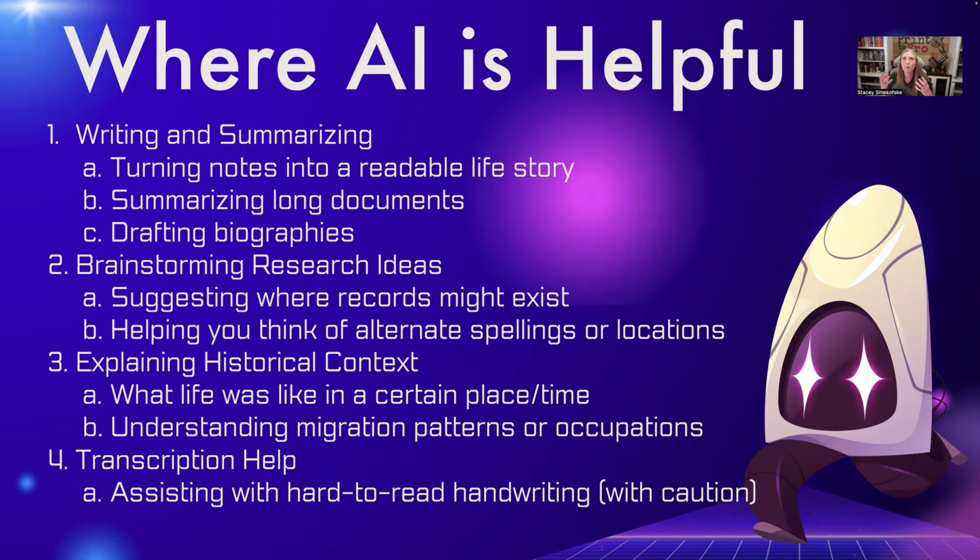It might be able to give you ideas about where to look for certain ancestors or where they might have traveled to or lived for certain periods of time, based on migration or immigration patterns, jobs, and what was happening in history at that time. So it can help you think of those kinds of things and where to go to find information.